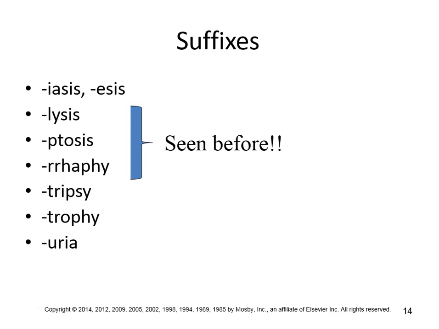All right, moving on. We have a couple suffixes. There's no prefixes included in this chapter. Some of these you've seen before because we have been skipping around a bit. Iasis and esis both mean condition. And we've had condition before, so now we're up to like 3 or 4 different suffixes that mean condition.